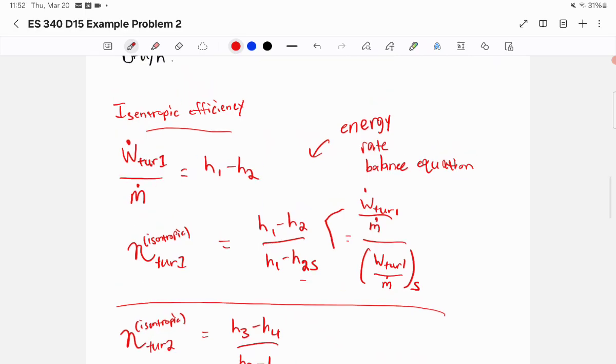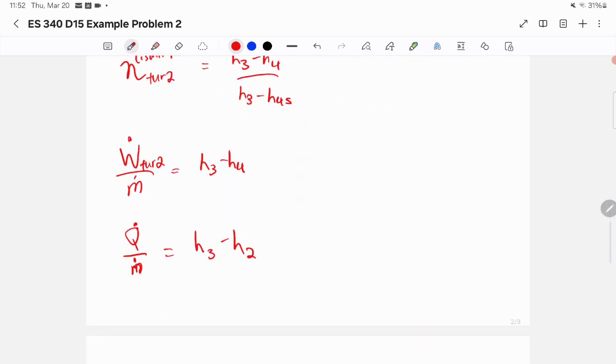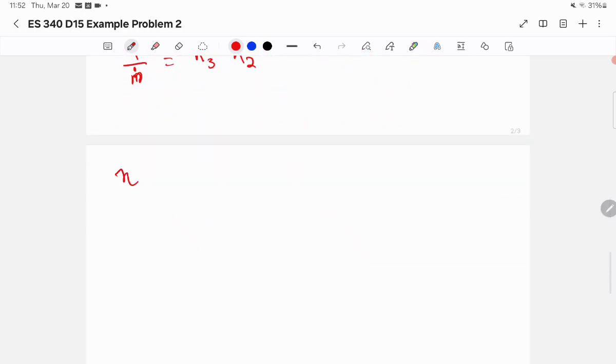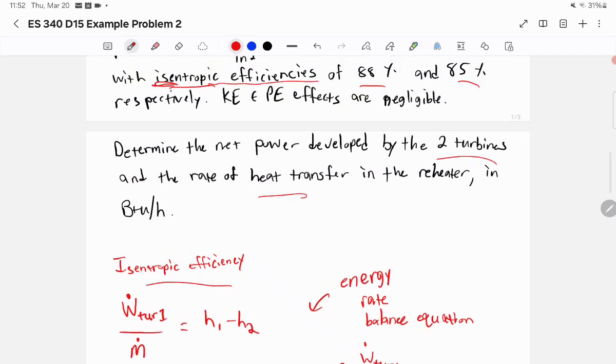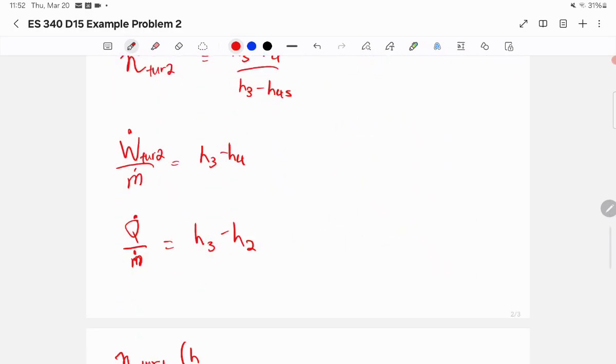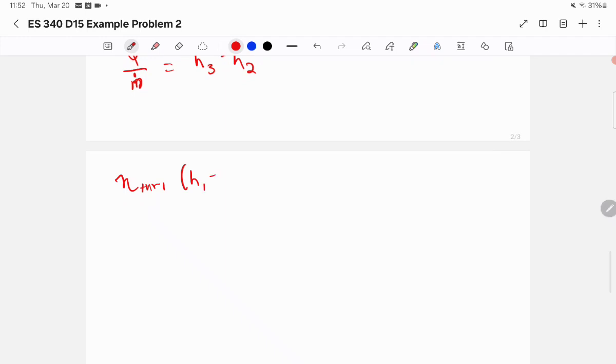So we know what eta turbine 1 is. I'm going to drop the isentropic, but remember that it's the isentropic efficiency. That's why that equation was the way that it was. For turbine 1, eta times H1 minus H2S, as I recall, yeah, that's how we wrote it, is equal to H1 minus H2.